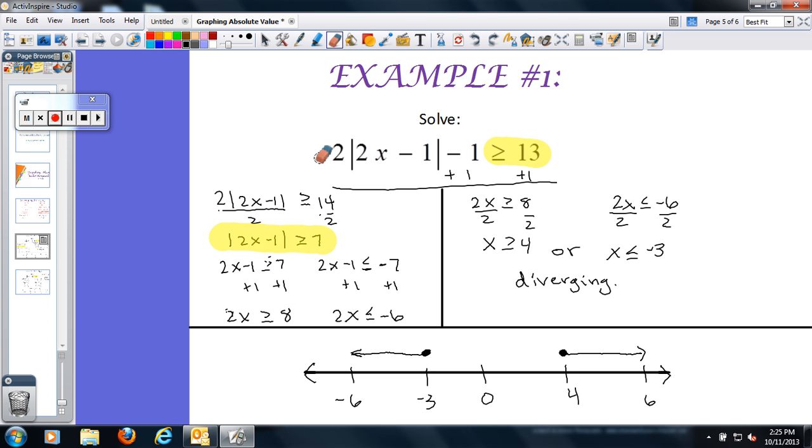You have to have the absolute value by itself first before you can determine is it converging or is it diverging. This is a pretty simple concept, especially if you can learn what converging and diverging are, the differences between them, and what the graphs look like of a converging and a diverging inequality.